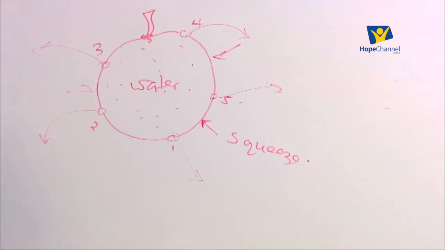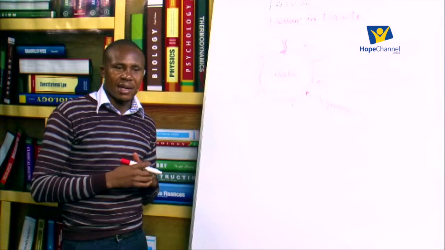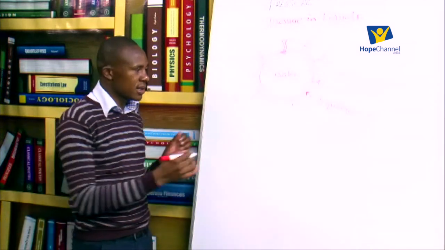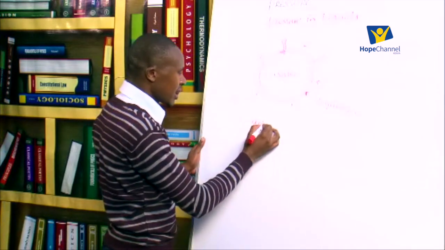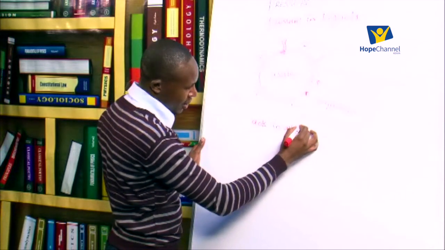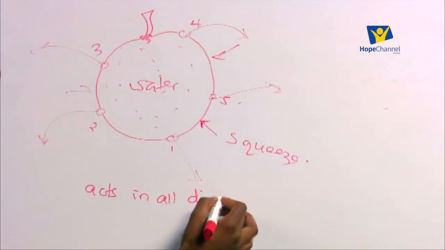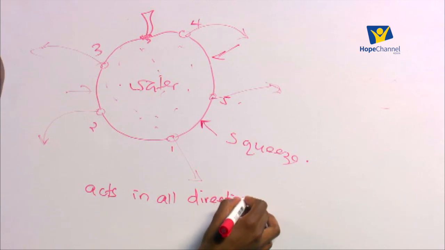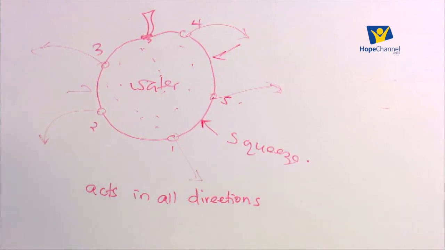It simply means that for liquids, pressure that is exerted or that is acting in the liquids will be acting in all directions. Unlike probably in the solids, where the pressure will be acting in one direction, that is downwards, because if the weight of the solid is directed downwards, then the pressure of the solid probably will be acting downwards.